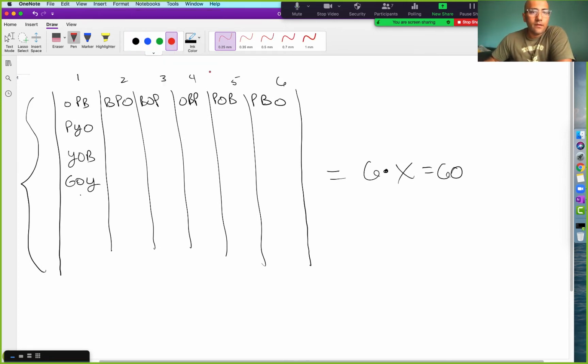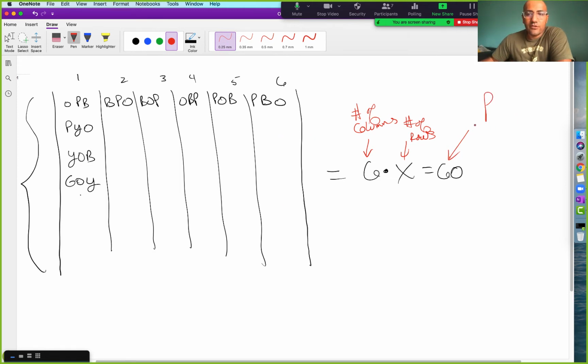So let me put this over here. This is the number of columns, the number of rows. And I know the entire table is the permutations.